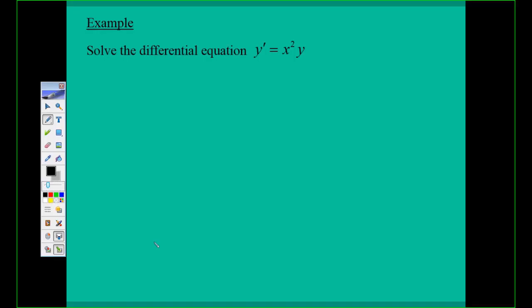Solving this differential equation using separation of variables, I'm first going to rewrite y prime as dy/dx, and then we'll separate our variables.